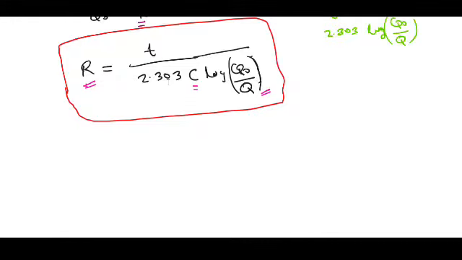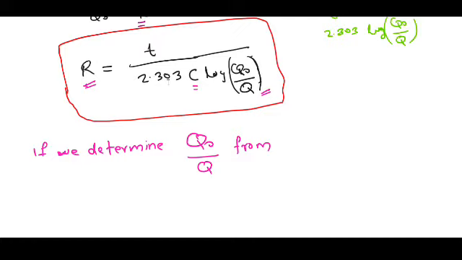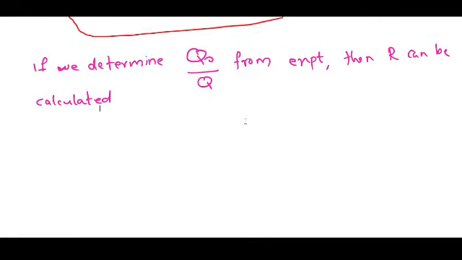Note, if you determine Q0 by Q from the experiment, then R can be calculated. Then what is the experimental setup to measure this unknown resistance? That is our next task.